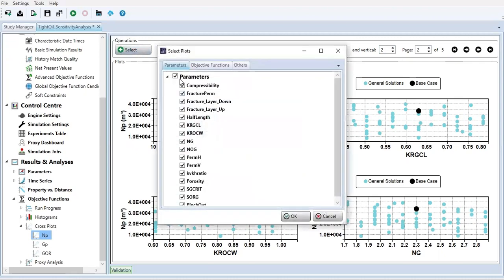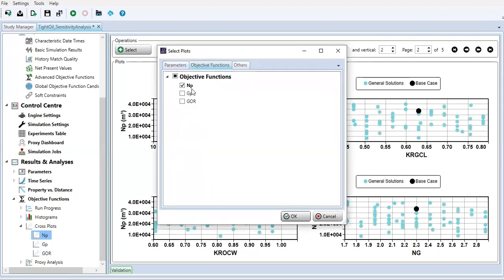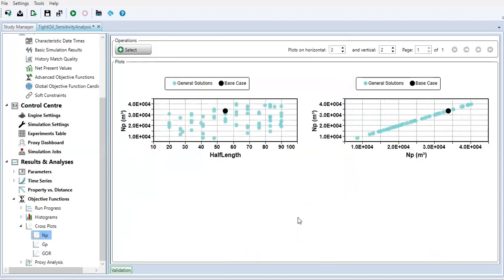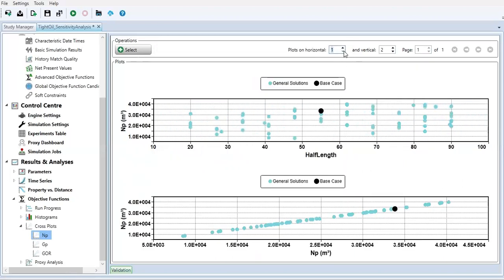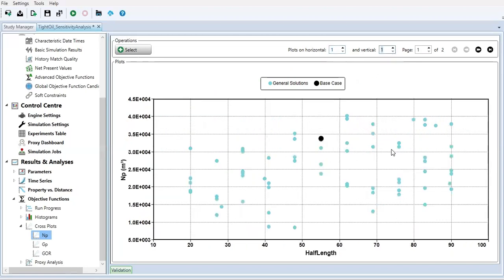So for example, let's focus on the half length against the cumulative oil production, because I just want to know one parameter, so vertically only one. I can say that, yeah, generally, if we increase the half length, we will get higher oil production.